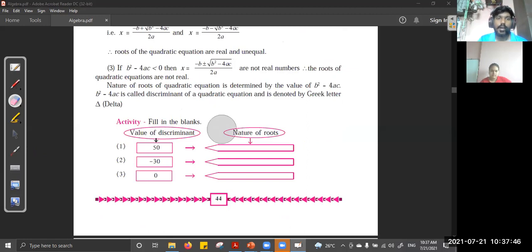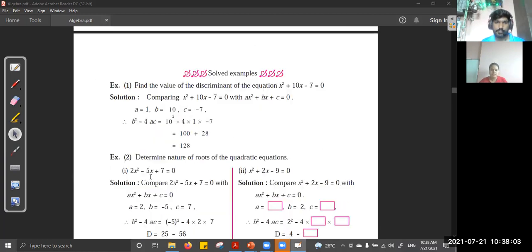Yes, so the first one is 50, that means it is real. Minus 30 is a negative number, so not real. 0 is real and equal. Correct. So you can write it on that. 44 is also done.